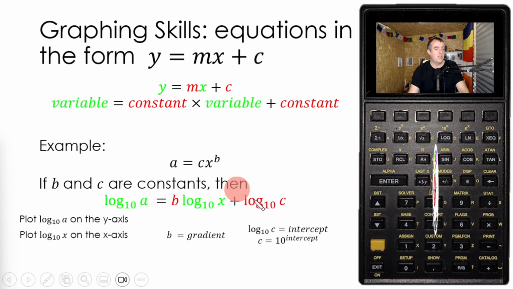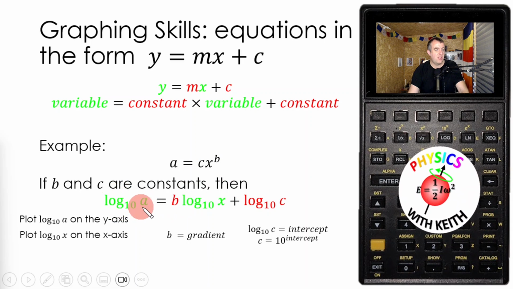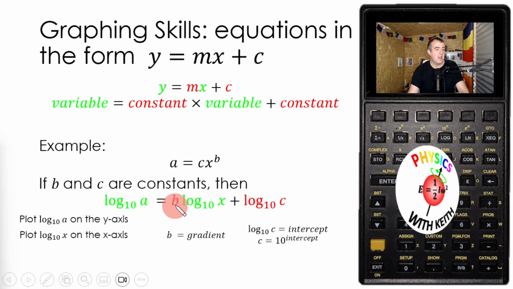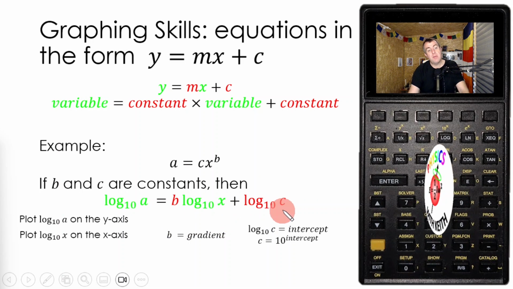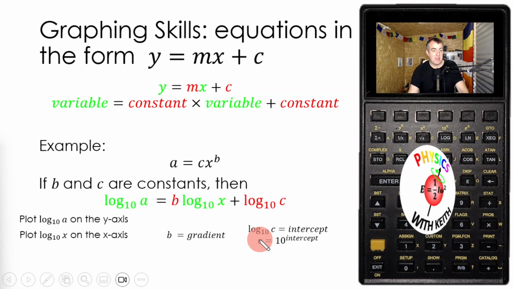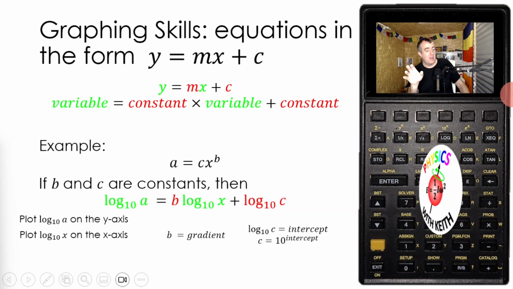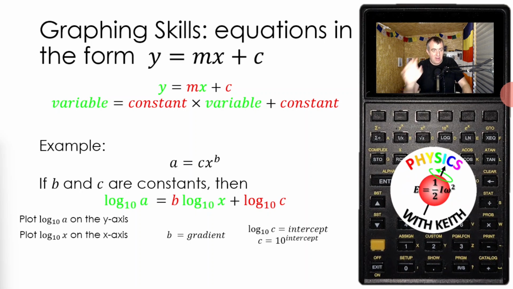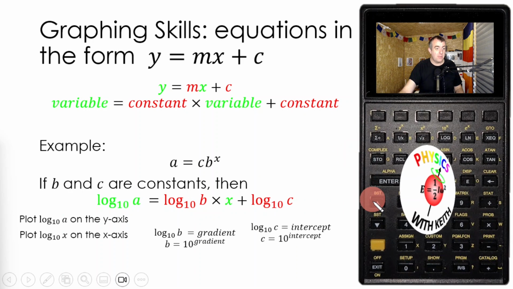And so I've also switched around the positions of these, so I've got plotting this on the y-axis, plotting this on the x-axis, and I end up with b being the gradient and log base 10 of c being the intercept, so c becomes 10 to the power of the intercept. We've got our equation. It's a power law, and we've made it a straight line, so we can determine what the power is. Really useful skill.